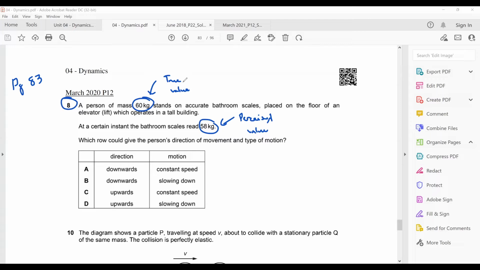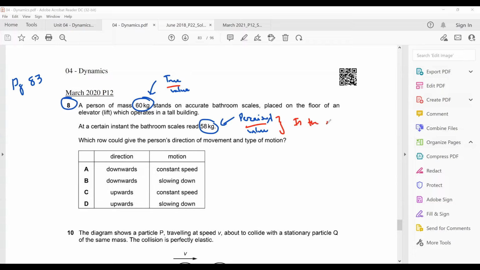The person standing on the bathroom scale is actually measuring his weight, but here the weight is not measured in newtons, it's measured in kg. The 60 kg can be thought of as the actual value of the person's weight in kg. This 58 kg is the perceived value of the person's weight in the elevator.